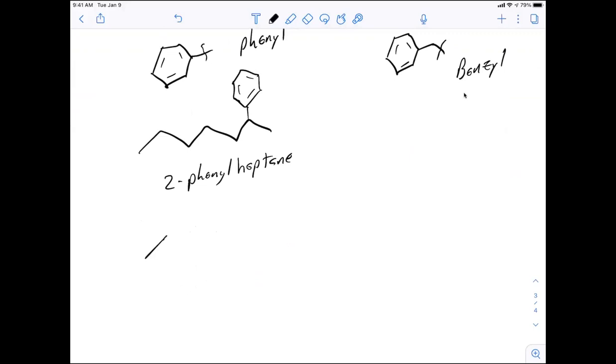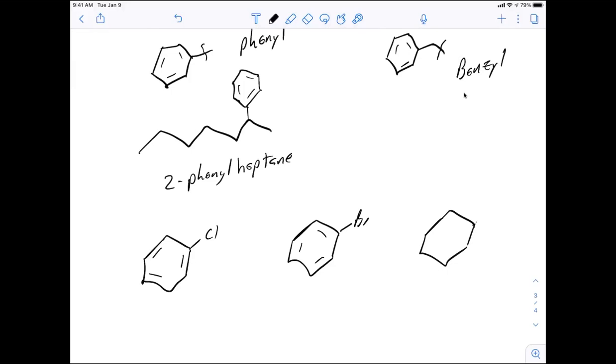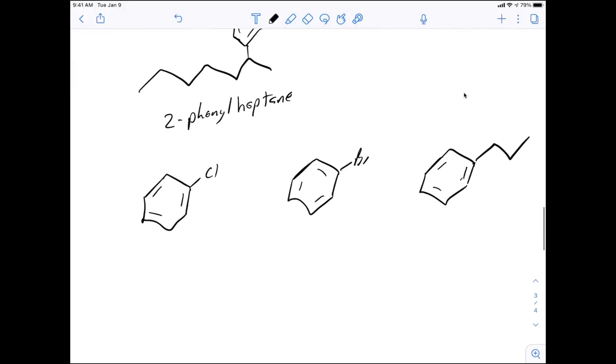You can also then have things that don't have parent names. Let's say like your halides. So with the chloro, this would be chlorobenzene. If I can spell it right. Do I need the number?